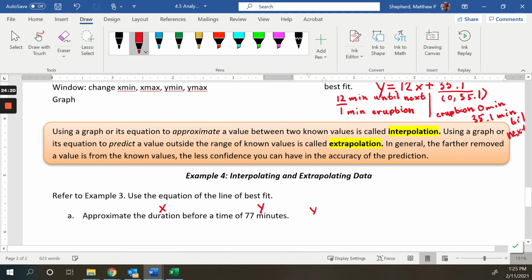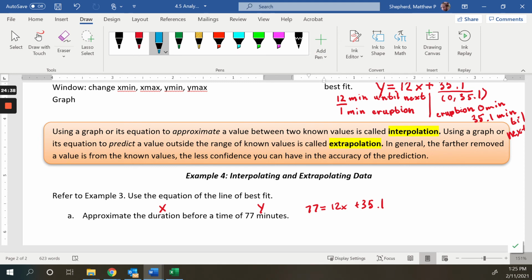So using our equation, y is equal to 12x plus 35.1, and we were told that our time was 77. I now just need to solve for x, and in this way we'll make a prediction as to how long it had been erupting.